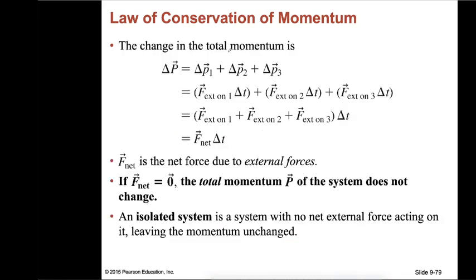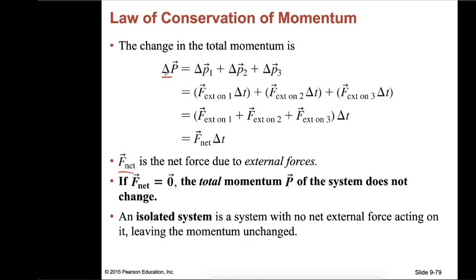The change in the total momentum is delta P equals delta P1 plus delta P2 plus delta P3. Or the change of the total momentum equals the change of the first object's momentum plus the change of the second object's momentum plus the third object's momentum change. F net is the net force due to external force.